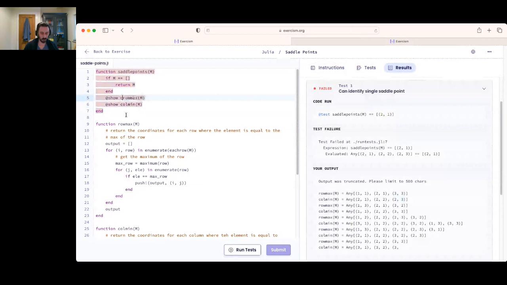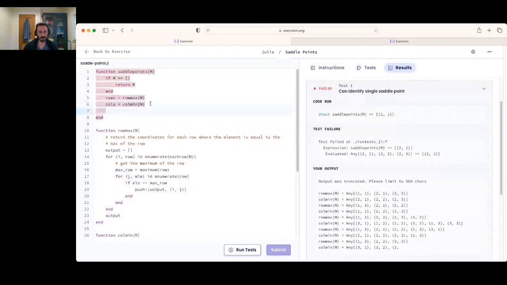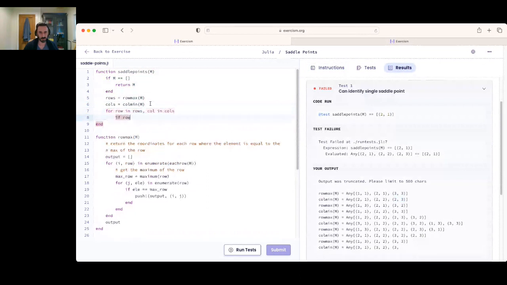Oh, so no, don't show col max. Rows, that's that one. Cols, that's that one. And then with a little bit of magic, we can say for row in rows, col in cols, if row is equal to col.